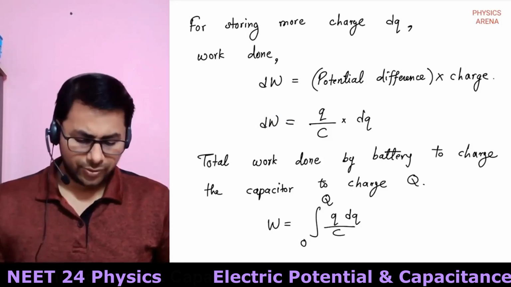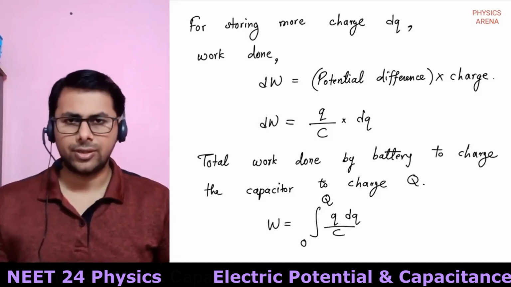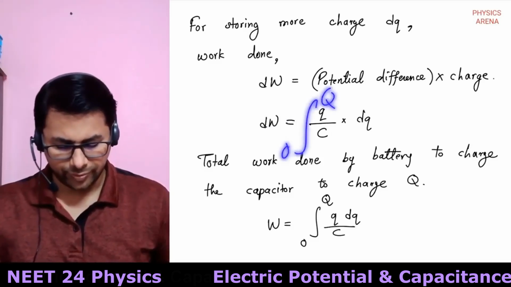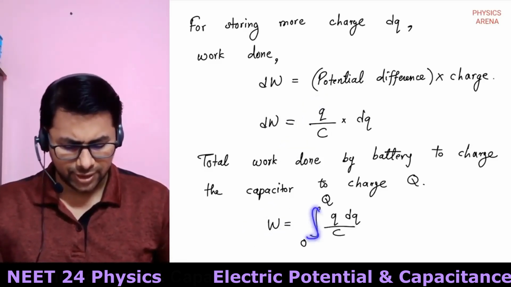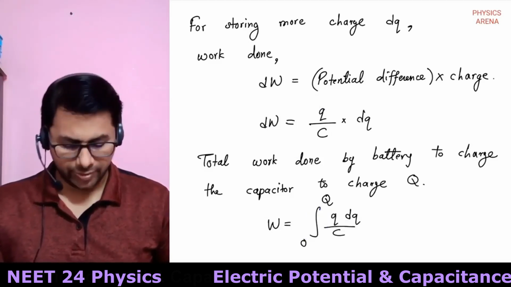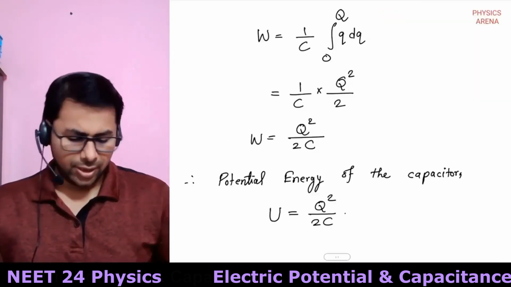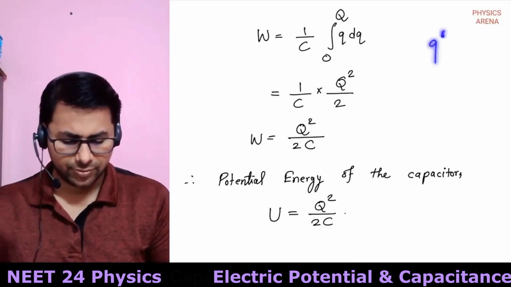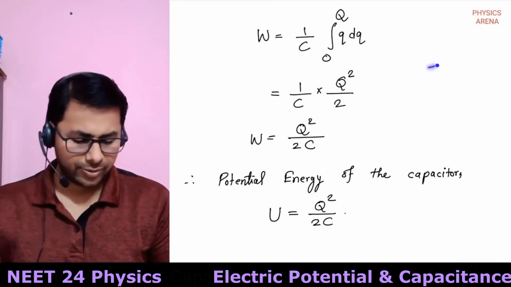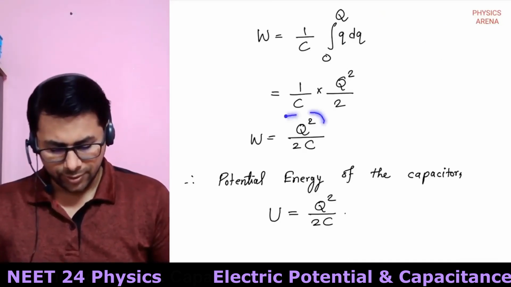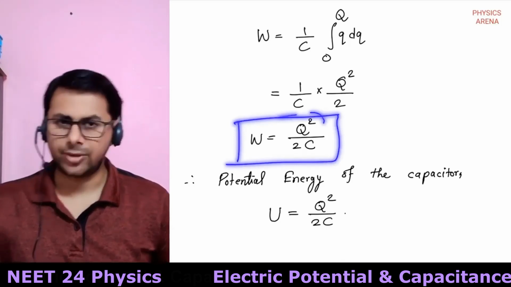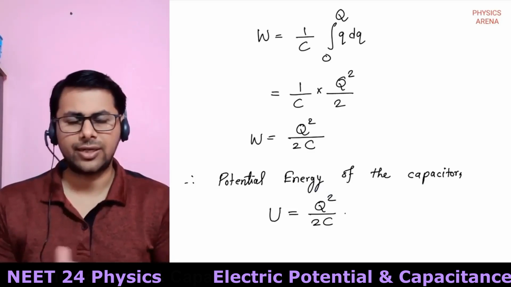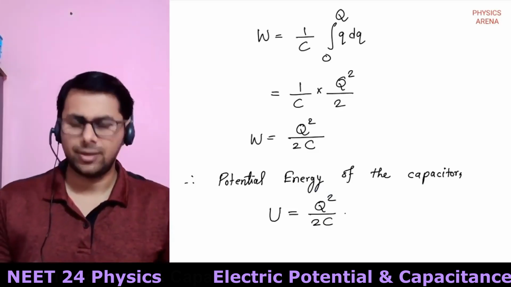The total work done to store the charge Q is the integral of q dq by C from 0 to Q. This integral is simple: q raised to 2 divided by 2. So work done equals Q square upon 2C. That means the potential energy of the capacitor is Q square divided by 2C. This is clear.